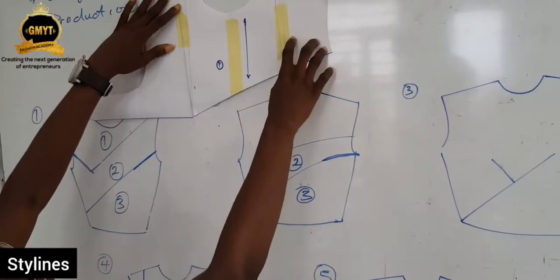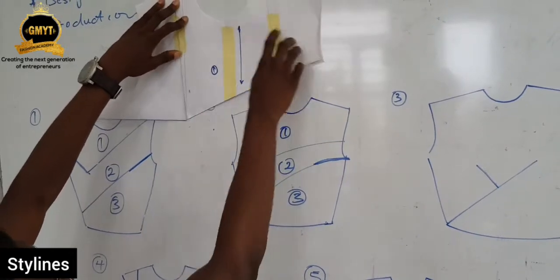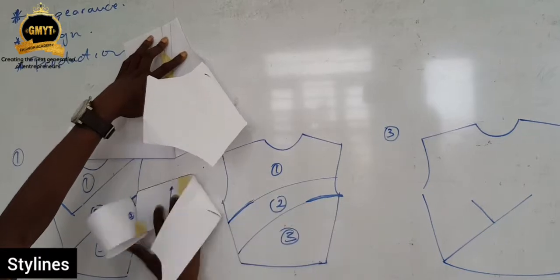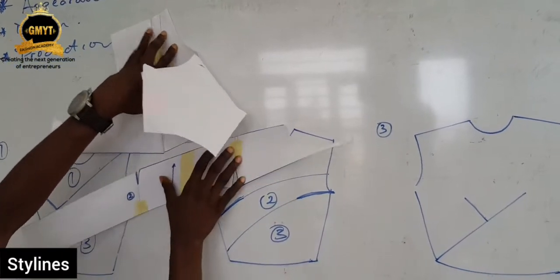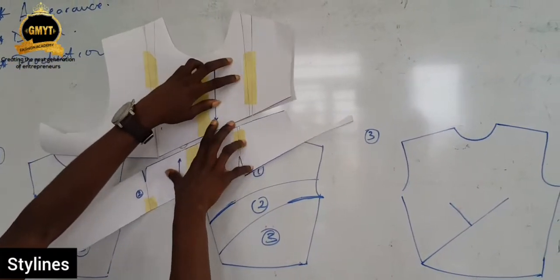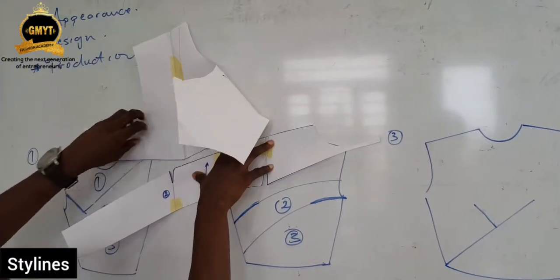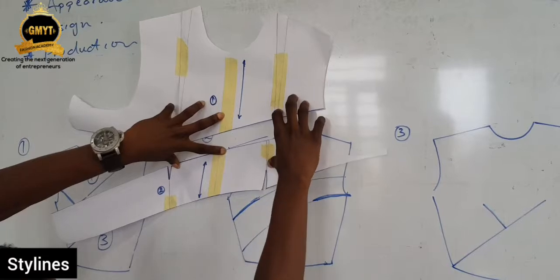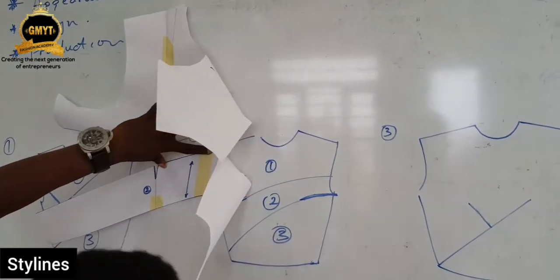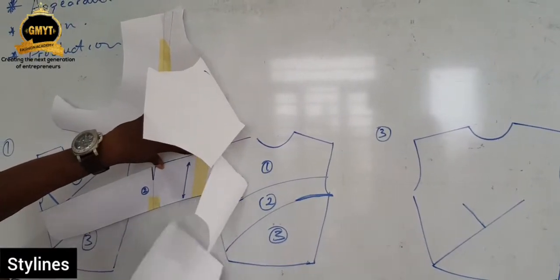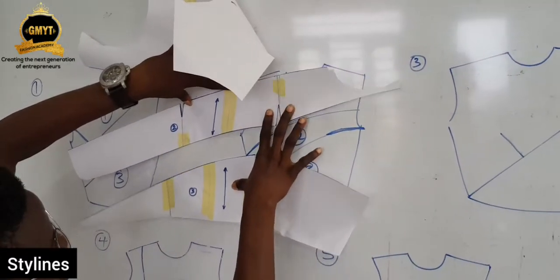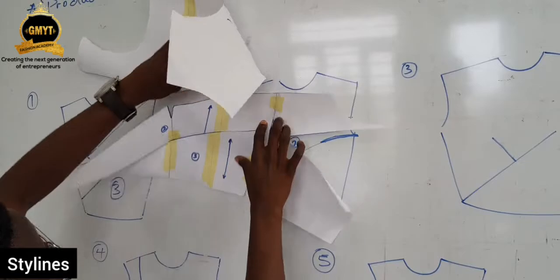So it means I have my number 1, I have my number 2, which is this, and I also have my number 3, which is this.